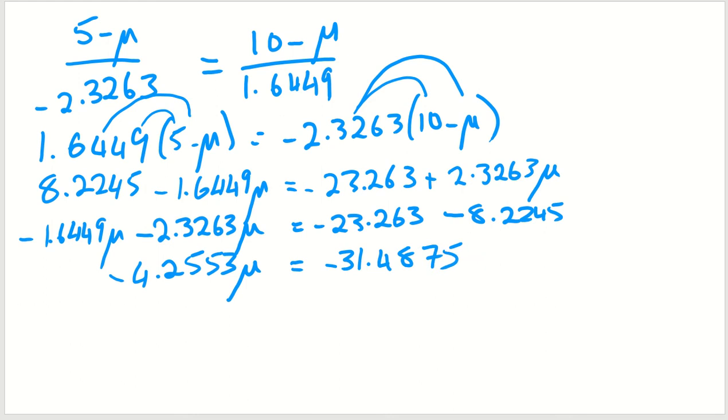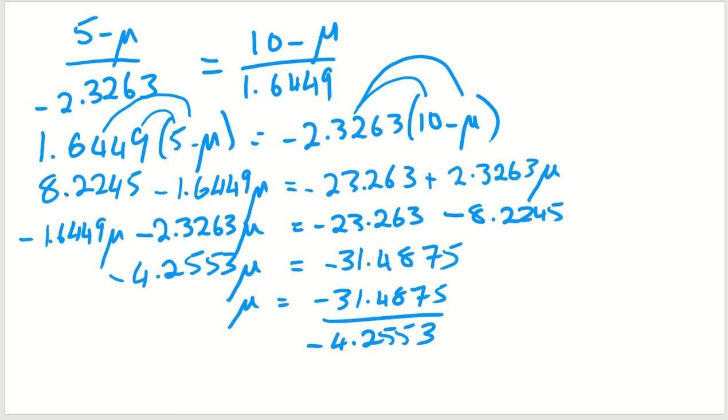Now I just need to get the mean by itself. So the mean equals negative 31.4875 divided by negative 4.2553, and that will give me a mean of 7.40 to 2 decimal places. So I've just found the mean.